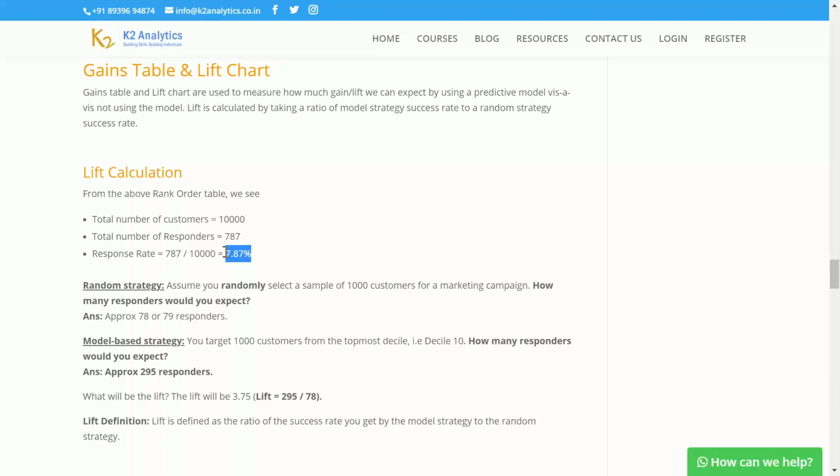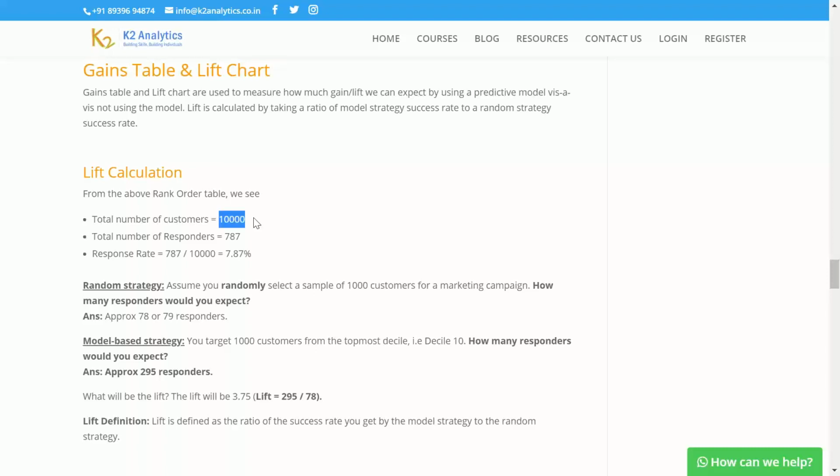In a random strategy, from this 10,000, I randomly select 1,000 customers. I'm talking random probability concepts. You have to be very clear about random sampling and probability concepts. If you're not clear, then you may want to revisit the probability and statistics session.